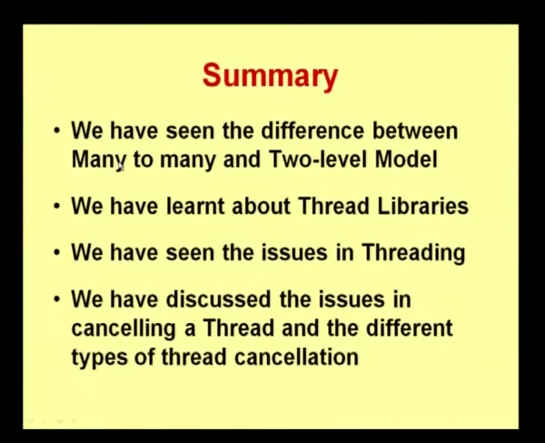So with this we summarize our entire session. What things have we seen in this session? We have seen the difference between many-to-many and two-level models. We have learnt about the thread libraries. We have seen the issues in threading. We have discussed how to cancel a thread and the different types of thread cancellation.